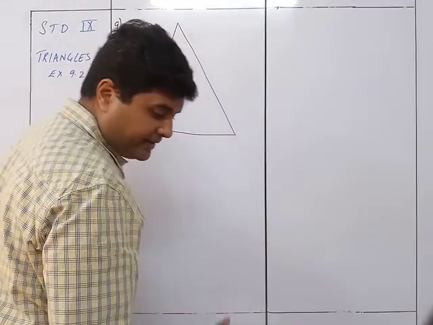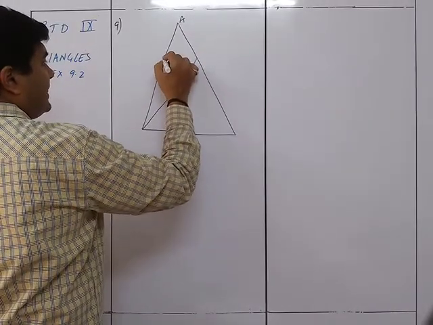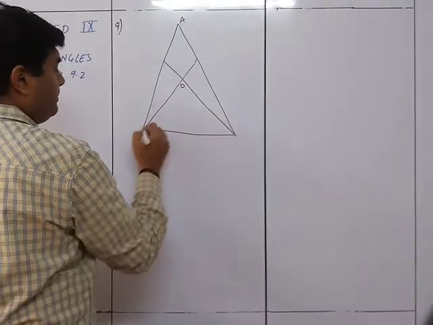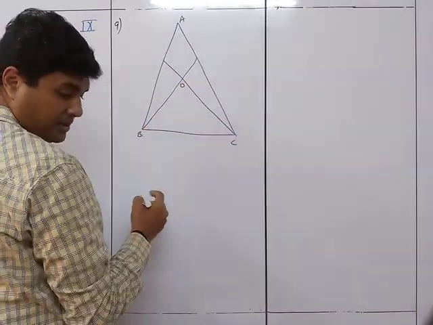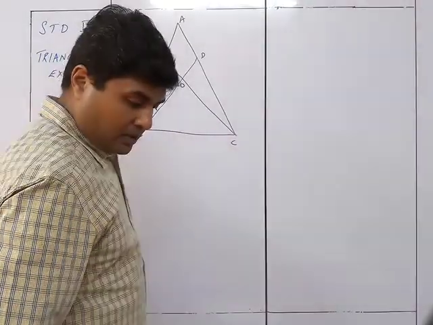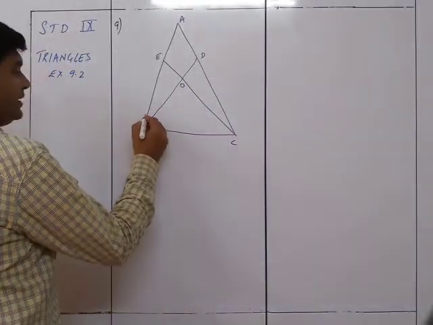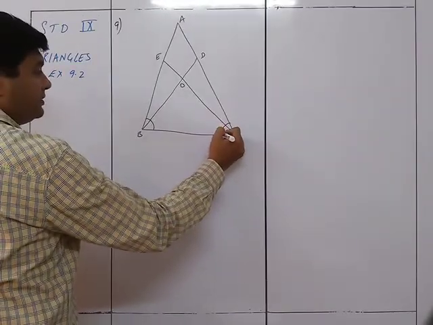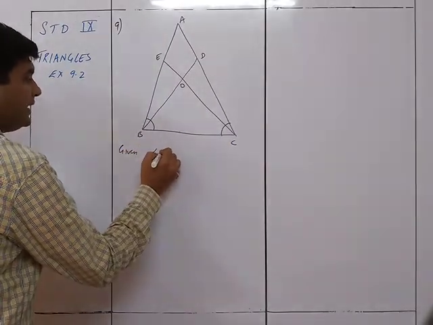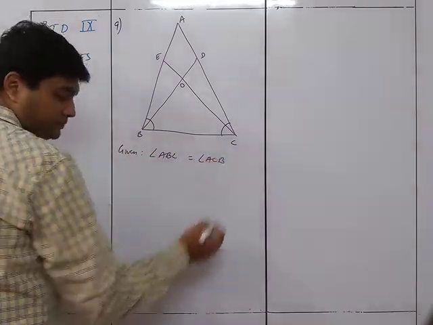This one is A, and then there is this line and this line like this. So this is O, B, C, E and D. Let's see what is given to us. Angle ABC is equal to angle ACB. That means this angle is equal to this angle. That is the first thing.